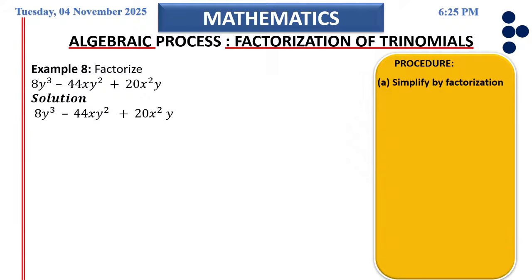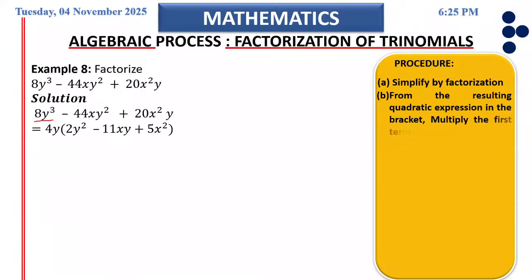If you look at it very well, y and 4 are common in all. Yes, that's the highest common factor in everything. So you factorize out 4y. If you're factorizing out 4y, it reduces everything into that form. So what's the next step? From the resulting quadratic expression in the bracket, multiply the first term by the last term.